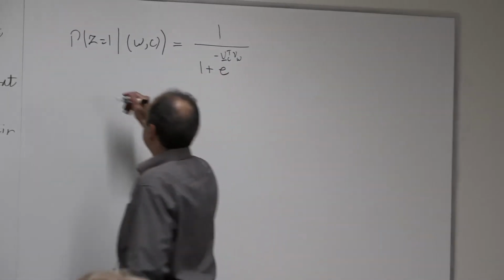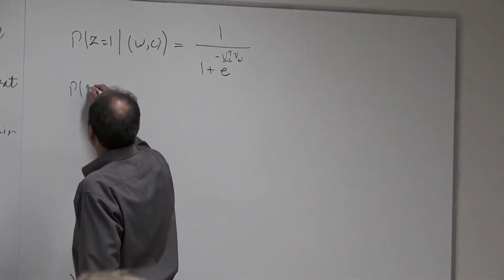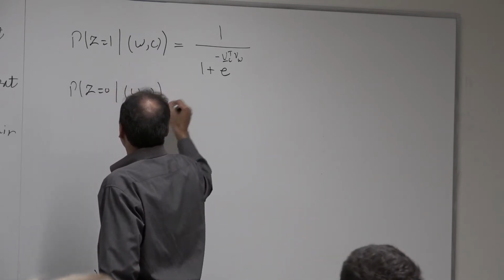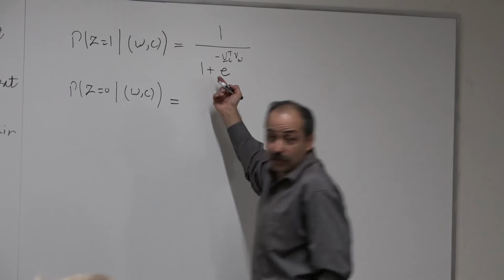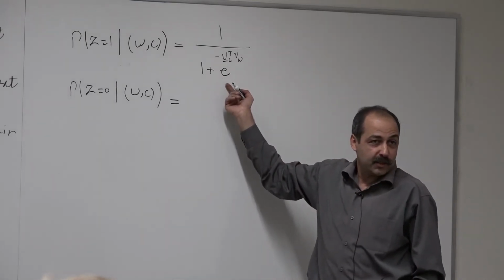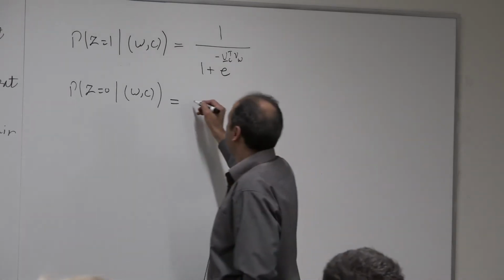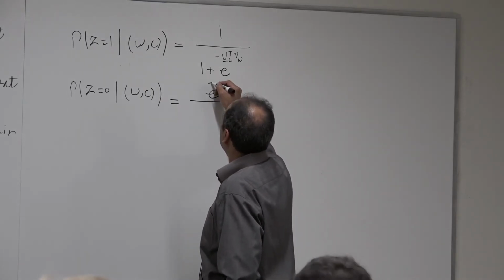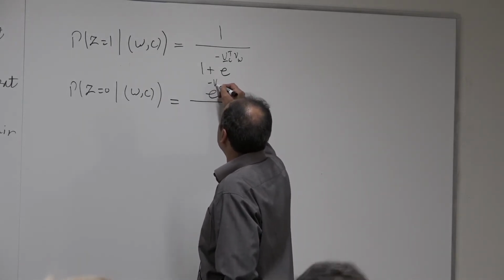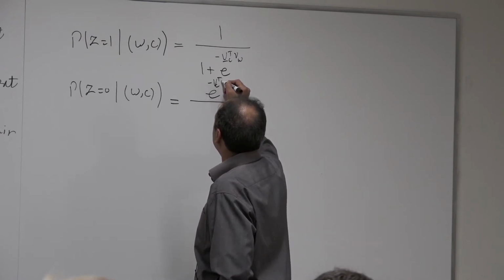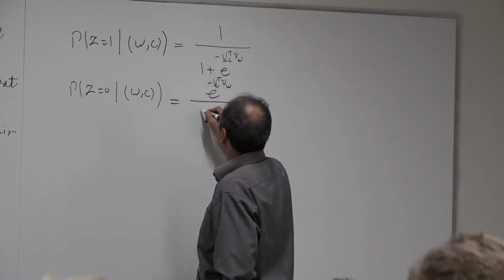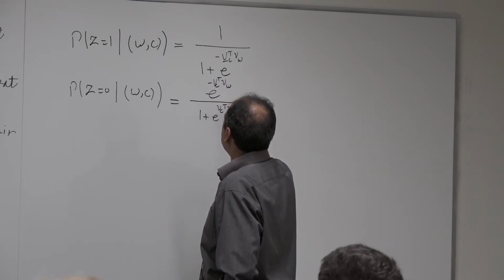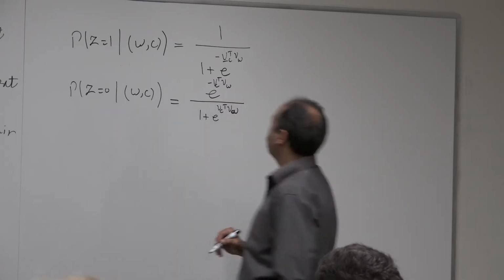And I can represent the probability that Z is 0 given WC as the complement of this, 1 minus this, which is going to be e to the power of minus VC transpose VW over 1 plus e to the power of VC transpose VW, right?